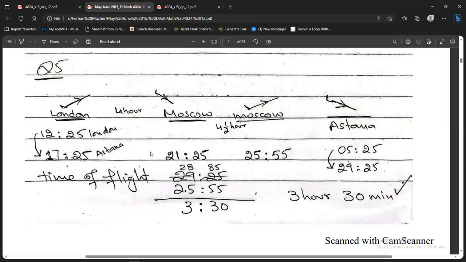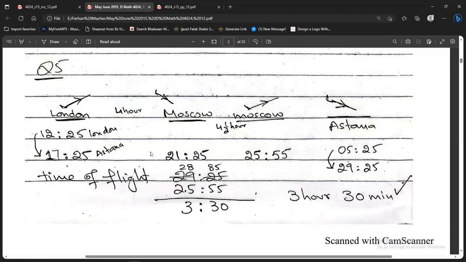The local time in Astana when the flight landed there is 5:25 in the morning. Because this time has gone into the next day, we will add 24 hours to it. So it will become 29:25. So the time in Astana, because it's the next day, is 29:25.